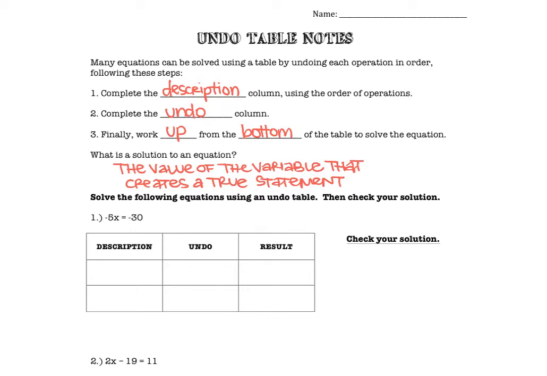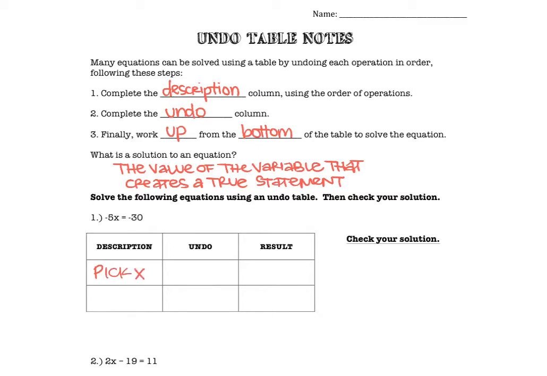All right, so let's start with a very easy equation. In fact, this equation in number 1 is similar to ones that you have solved in our last unit. But we're going to start with an easy one so you see what happens here in the table. We first fill out the description column, and the first box is always, always, always pick x.